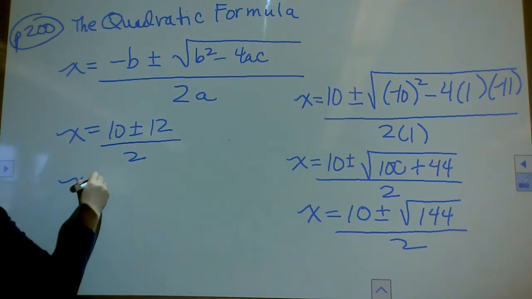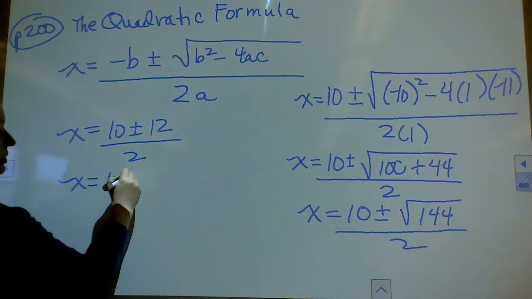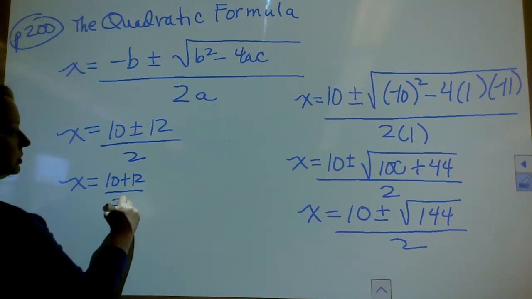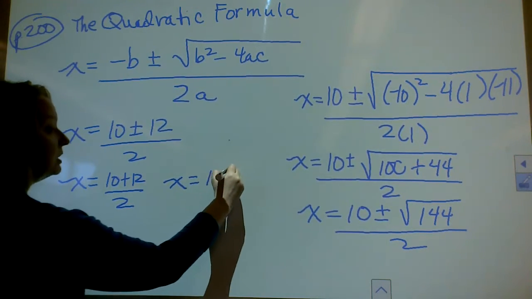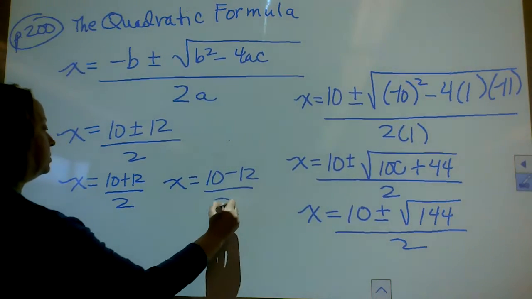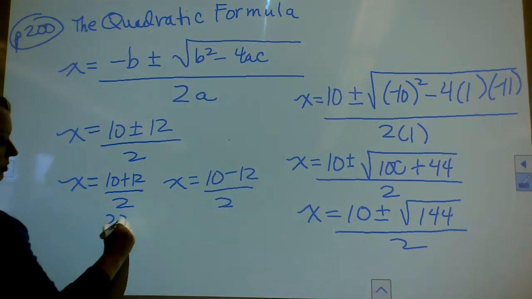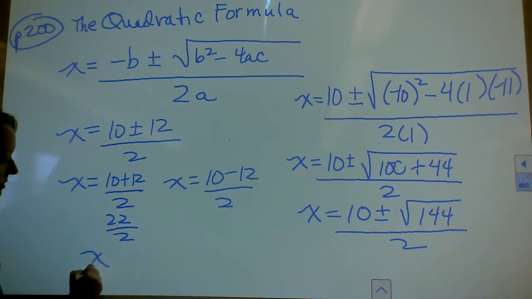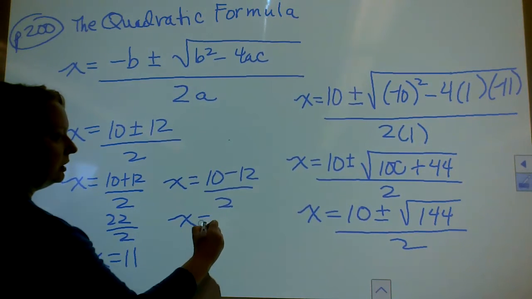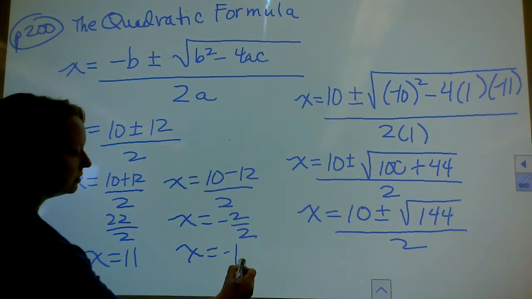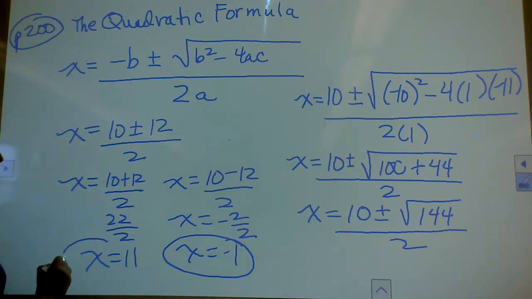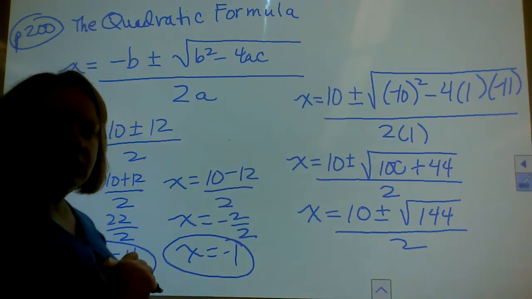One is x equals 10 plus 12 all over 2, and the other is x equals 10 minus 12 divided by 2. So this will be 22 over 2, and so x is 11. This will be a negative 2 over 2, and so x equals negative 1. So you have negative 1 and 11.